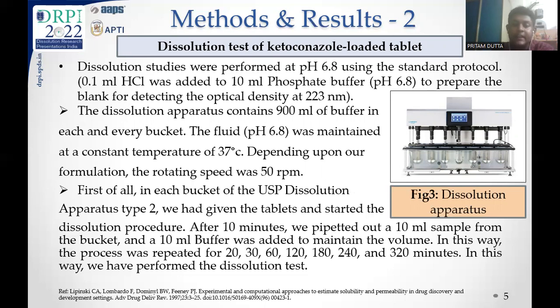After 10, 20, 30, 60, 120, 180, 240 and 320 minutes, 10 ml of the buffer sample was collected, and after collecting it, we also added 10 ml of the same solution to maintain the concentration of the solution. Before collecting samples, in each bucket of the apparatus, we had given the matrix tablet, meaning the ketoconazole loaded tablets.